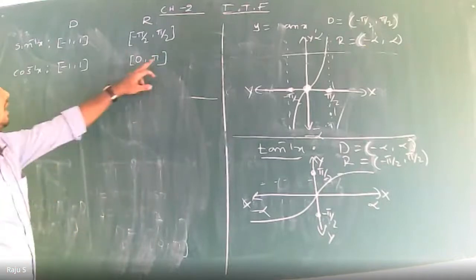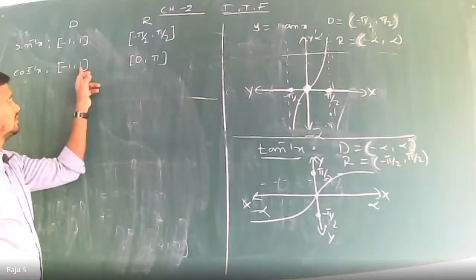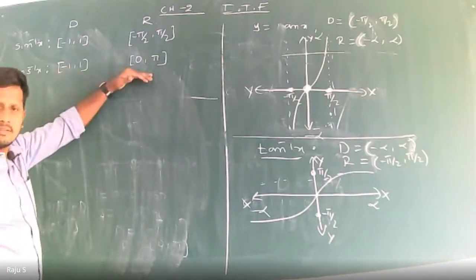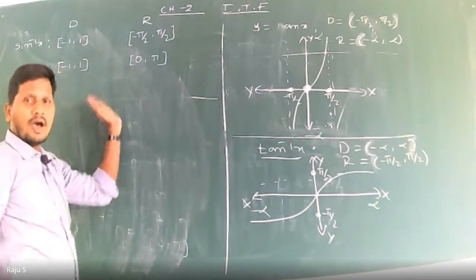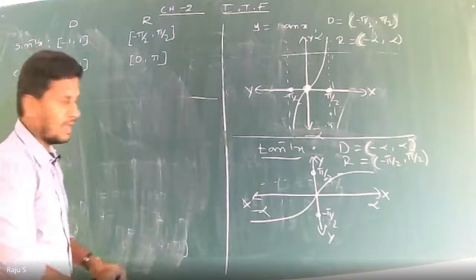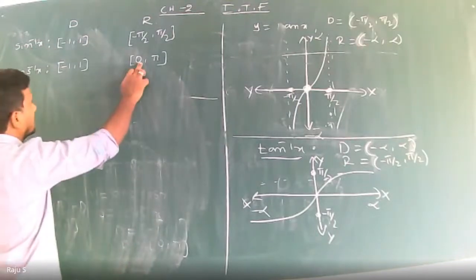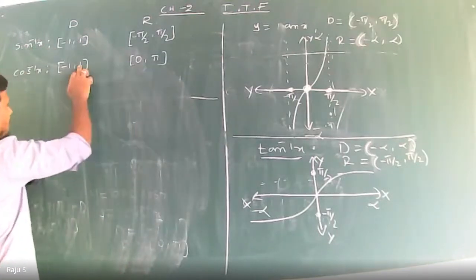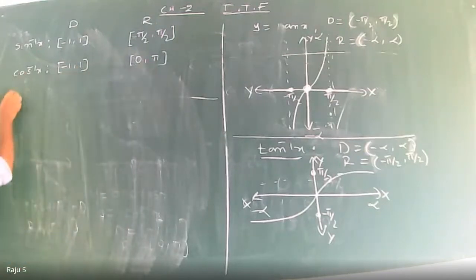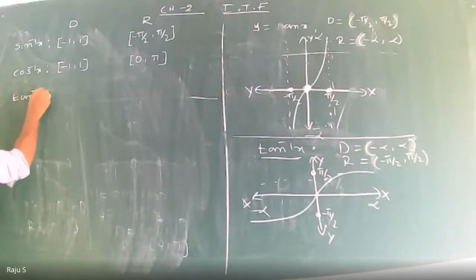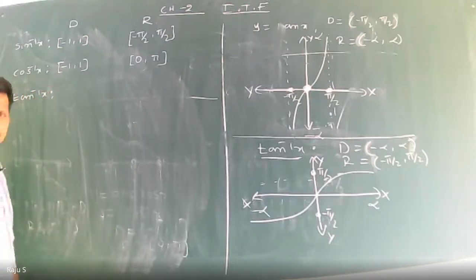Cos 180 is minus 1, cos 0 is 1. Whenever you write the interval, according to the value, least value is always on the left side and highest value always on the right side. So don't think that cos 0 is minus 1 and cos 180 is plus 1. Not like that. Least value, highest value.